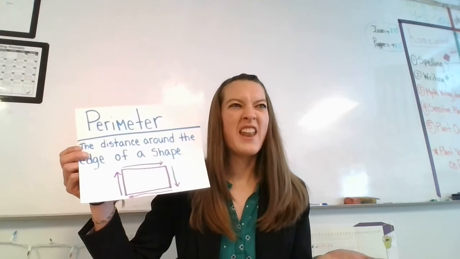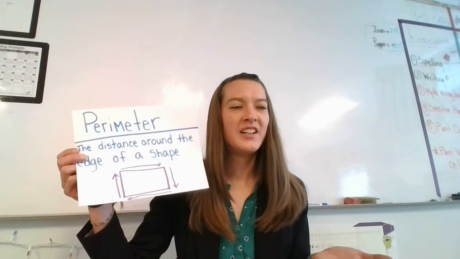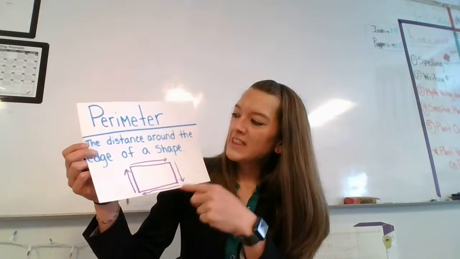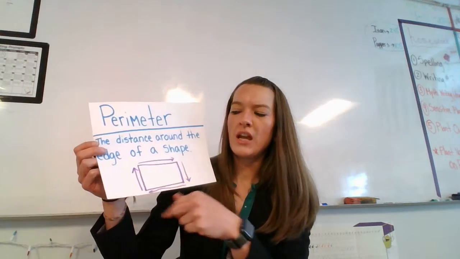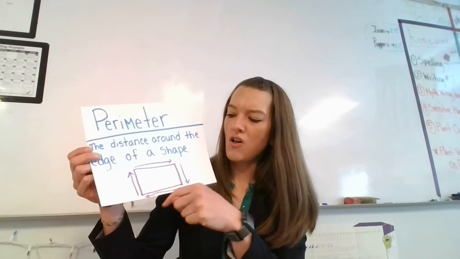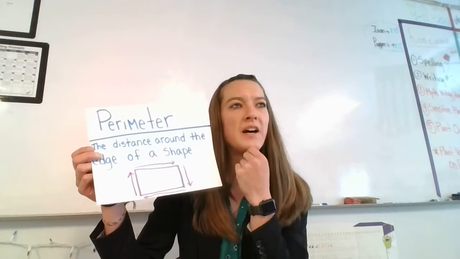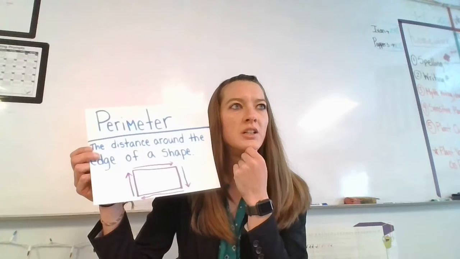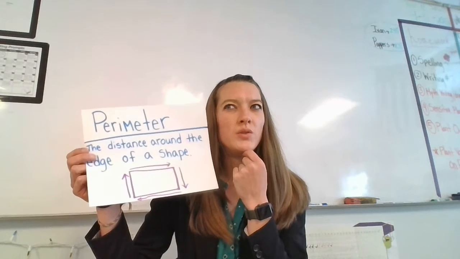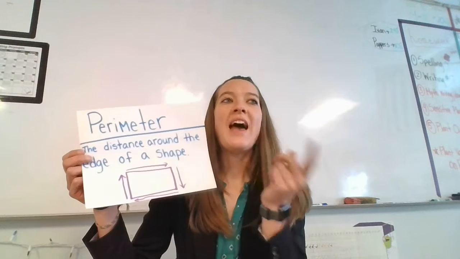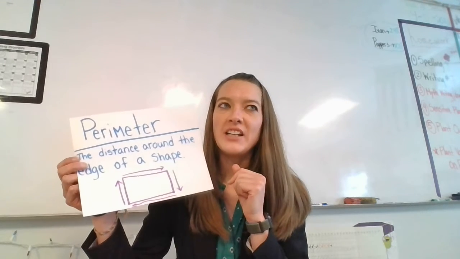Do you guys remember that now? Does that sound a little familiar? So in order to find the distance around the edge of the shape, what did we do with all of the sides? We added the sides together. Very good.